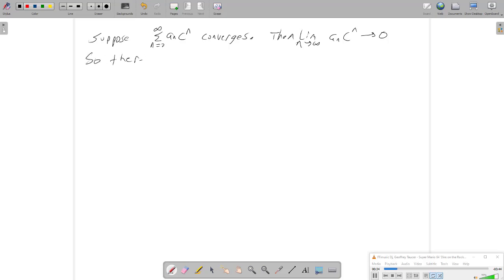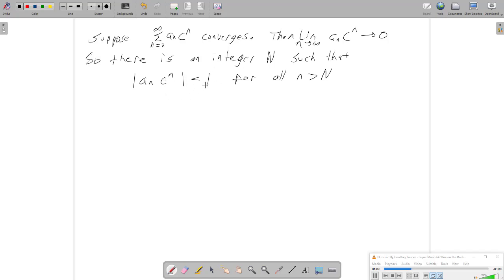So there is an integer, capital N, such that the absolute value of a sub n c to the n is less than 1 for all little n greater than big N. Now, this would be true for any number.